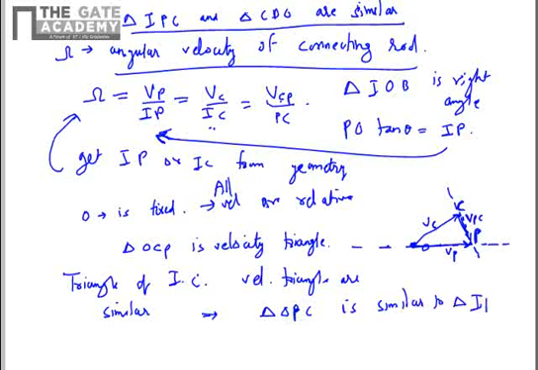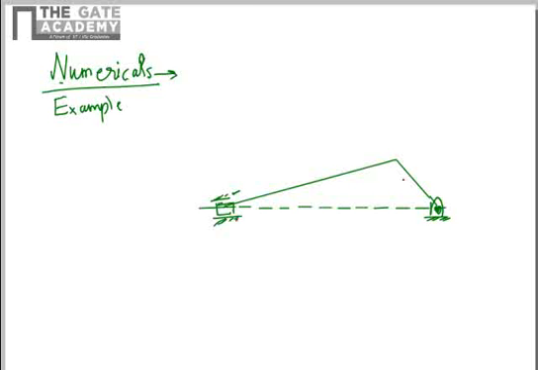Now we will take up some numerical examples in this subject of velocity diagram. So I'll take an example here. The example pertains to a slider crank mechanism. This is the piston, this is the crank center. The parameters given for this problem are: R, the crank radius, is 50 mm.